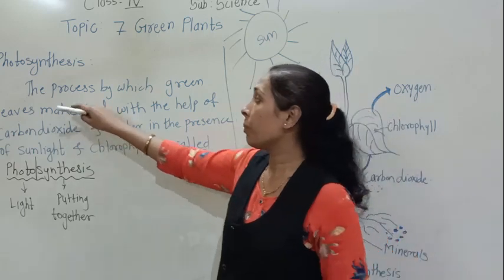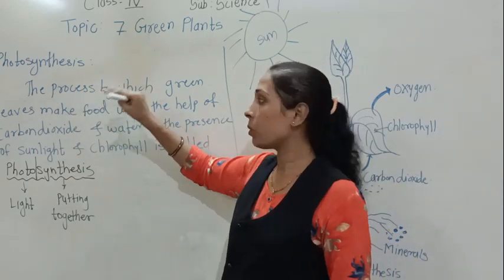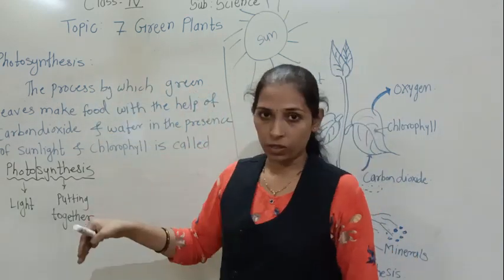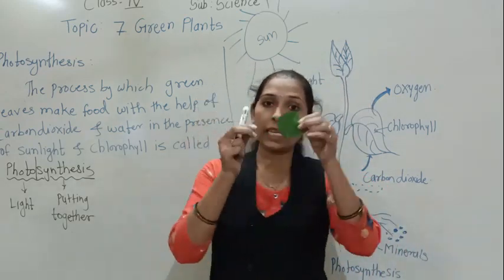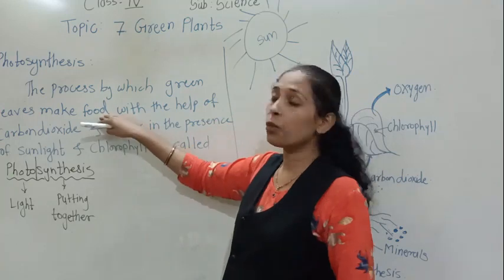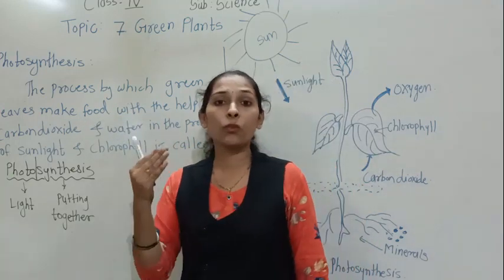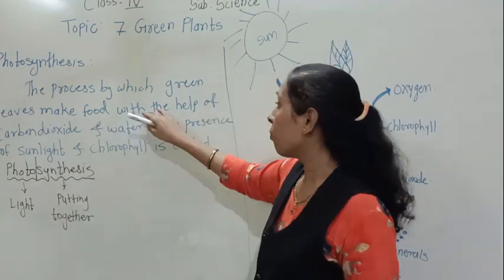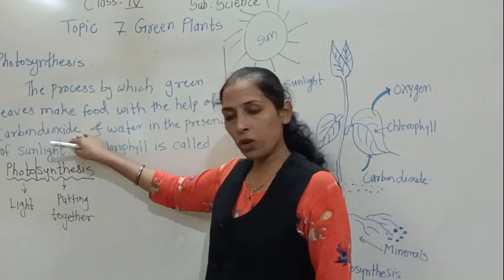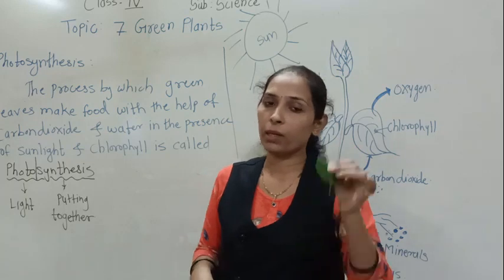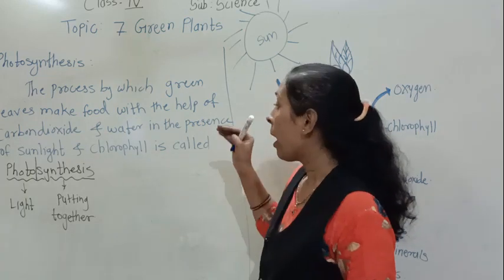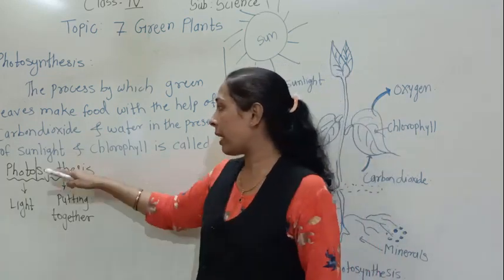So the process by which green leaves make food. But to make the food, what do the green leaves require? They require carbon dioxide and water, in the presence of sunlight and chlorophyll.